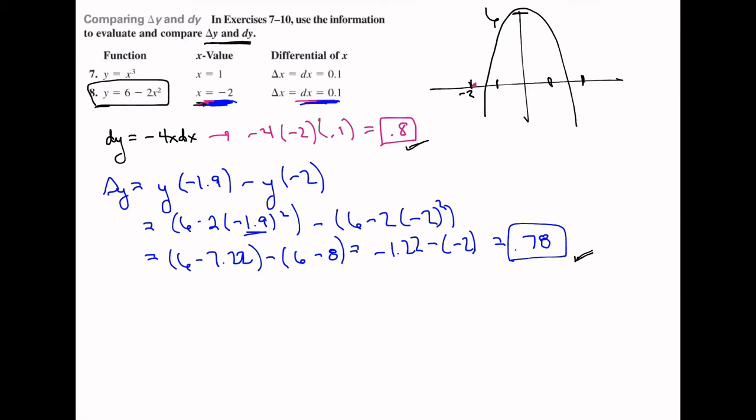So I want to try to get you to understand by looking at the picture. Let me extend this out a little bit farther. And by the way, you can get the x-intercepts if you take this and set it equal to 0. You would get 6 equals 2x squared, or 3 equals x squared, or x equals plus or minus the square root of 3. So this is plus or minus about 1.7.